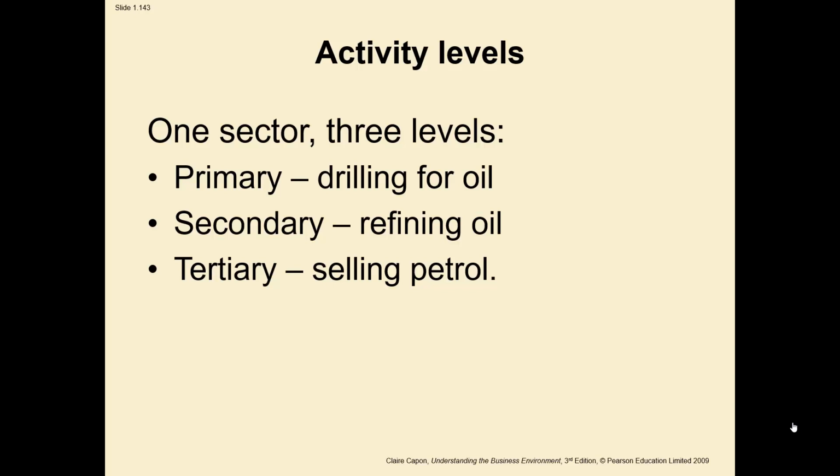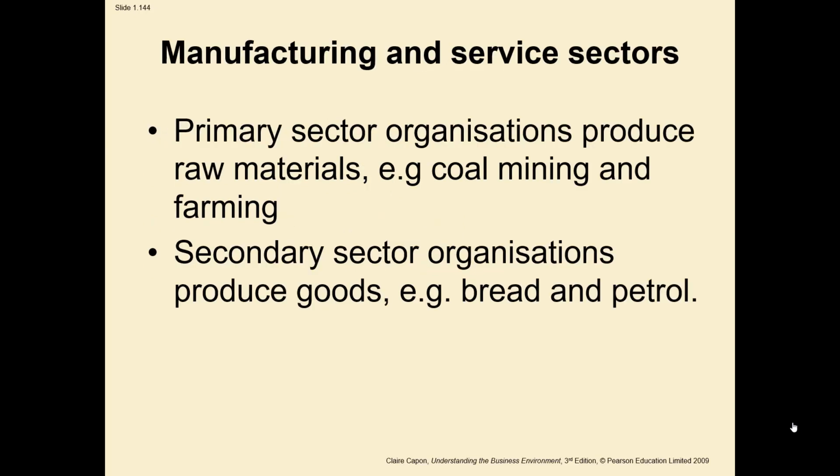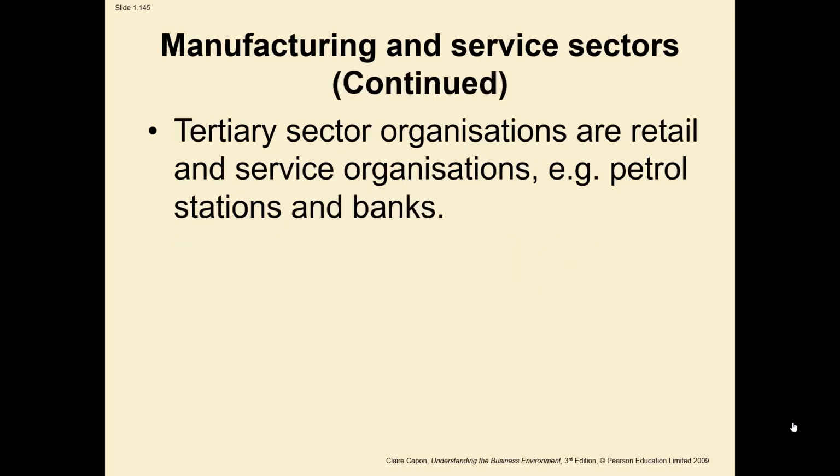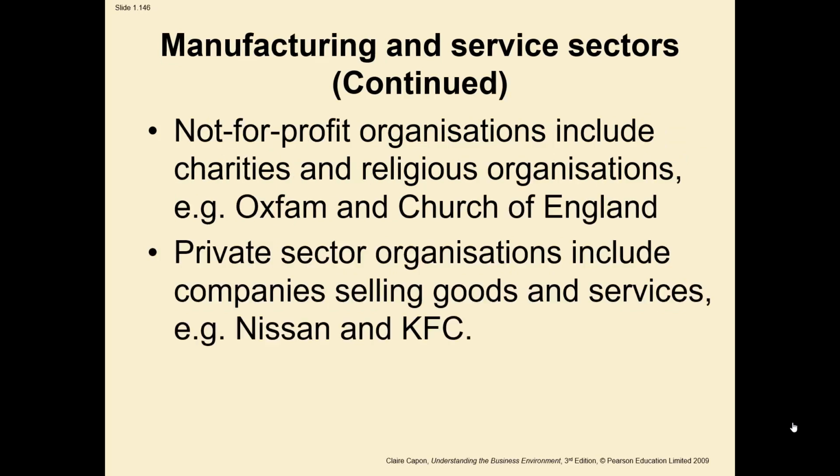Texaco being an example. Okay, the primary sector produces raw materials, coal mining, farming. The secondary sector provides goods, bread, petrol. The tertiary sector is your retail sector, so petrol stations, banks. Okay, you also can have not-for-profit organisations, including charities and religious organisations, Oxfam, Church of England, the Roman Catholic Church.